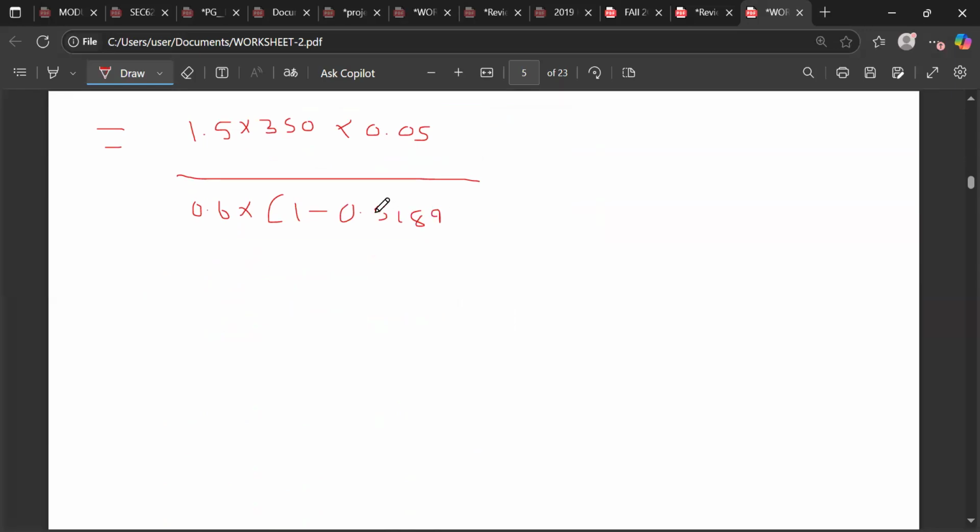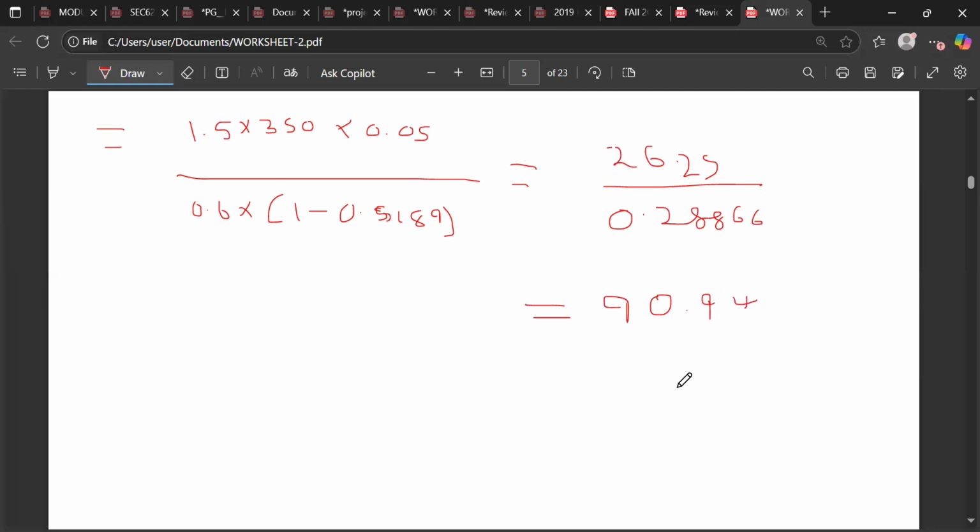We found this earlier, which will now be equal to our numerator 1.5 times 350 times 0.05, which gives us 26.25, over 1 minus 0.5189 multiplied by 0.6, so over 0.28866. 26.25 divided by our answer, we're getting 90.94.